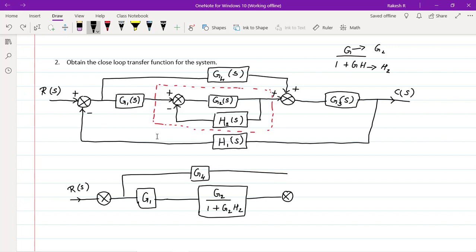It has reached the summing point here. This one is positive here, right? Then next is G3 here, and the output is C of S here. Then we have one more feedback, that is H1. We have H1 as the feedback here.